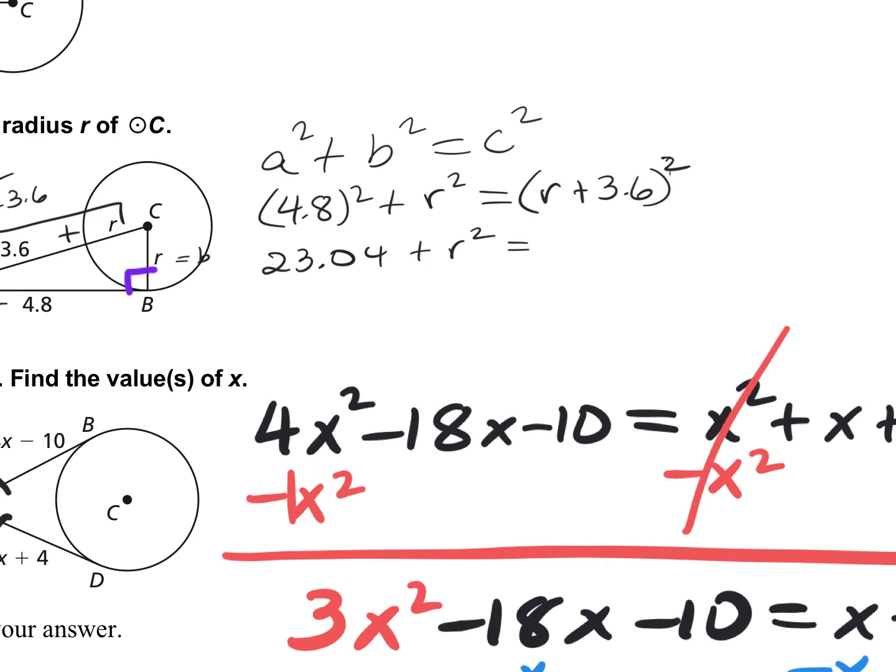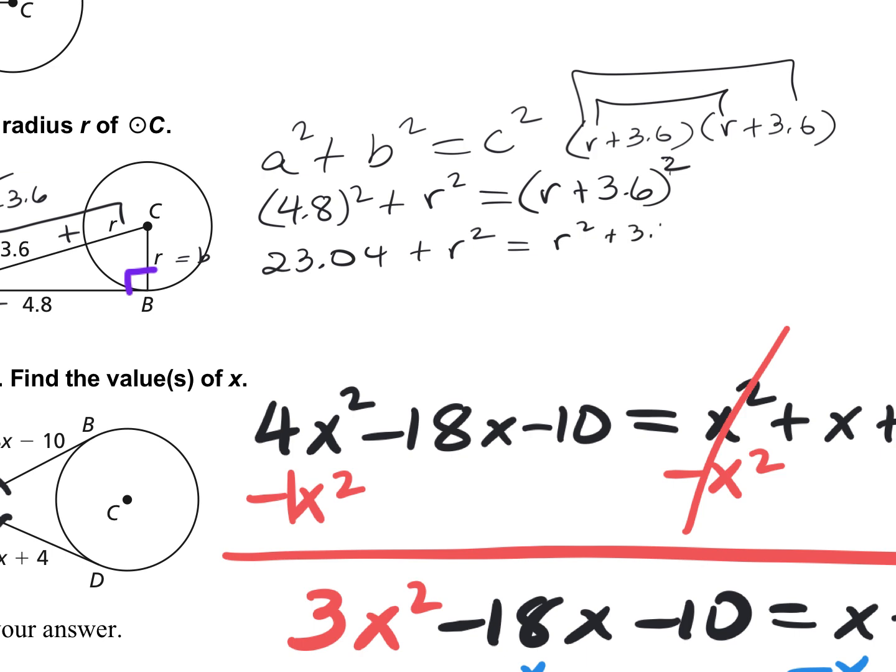Now, when I square this, it's really doing r plus 3.6 times r plus 3.6. I'm going to do my FOIL. So r times r is r squared. R times 3.6 is 3.6r. The inside, same thing.